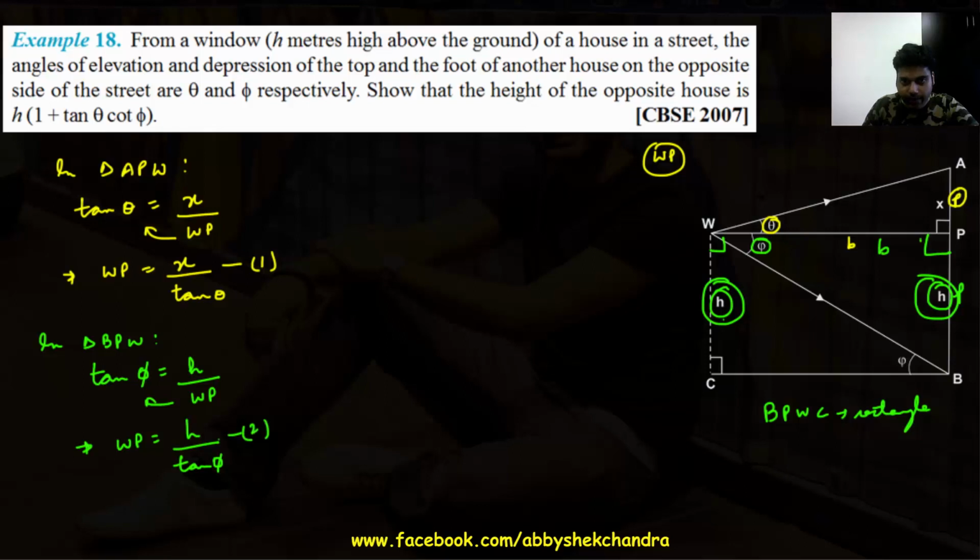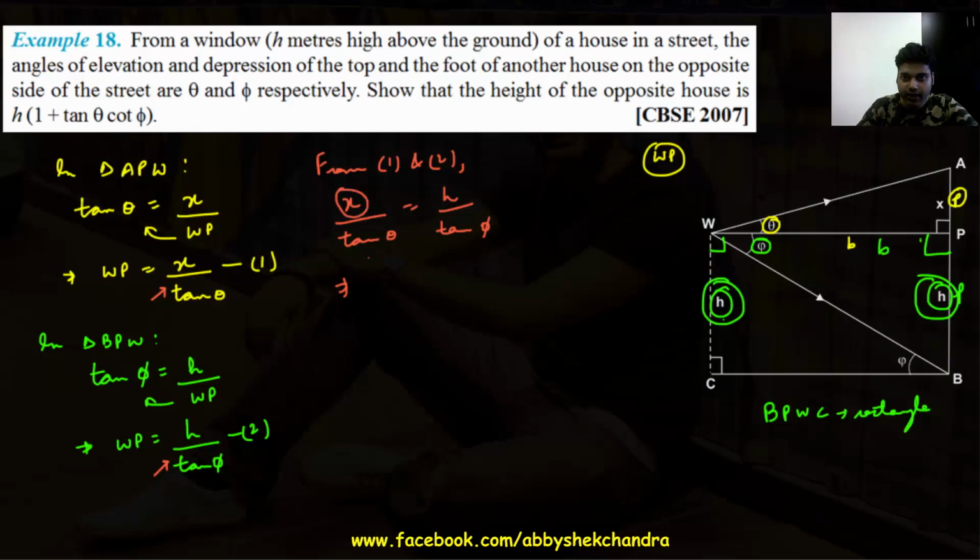This is 2. Now from 1 and 2, what can we say? From 1 and 2, this is also WP, this is also WP, so both have to be equal. So x by tan theta equal to h by tan phi.